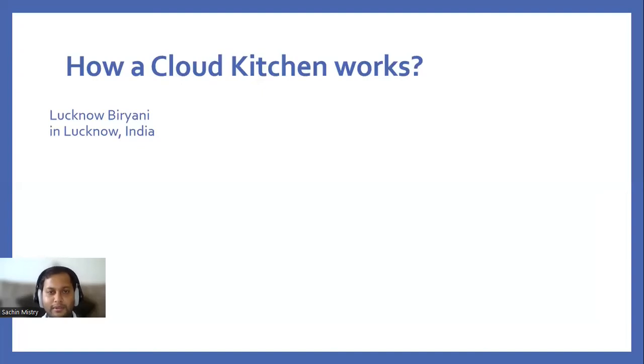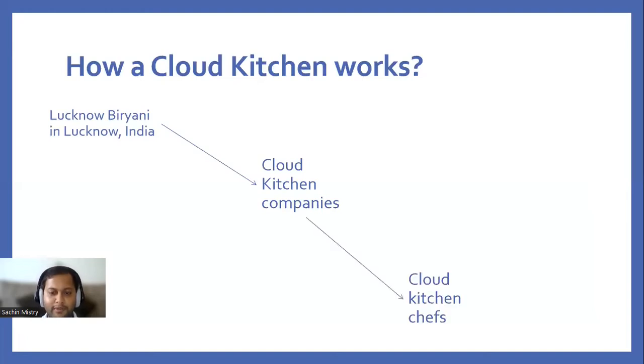So how does this model work? There's a cloud kitchen company which will be tying up with the Lucknow Biryani restaurant, which is in Lucknow. The cloud kitchen company will already have some chefs, who will be trained by the chefs of Lucknow Biryani on the food items in their menu.